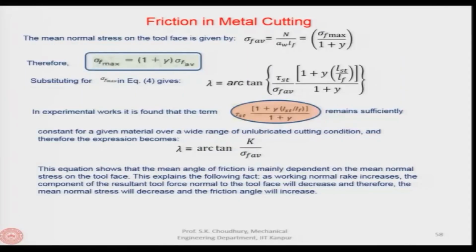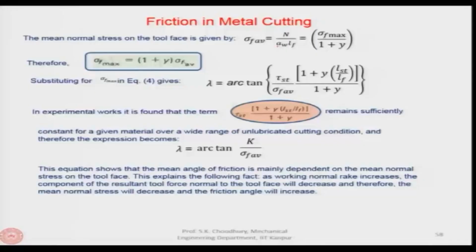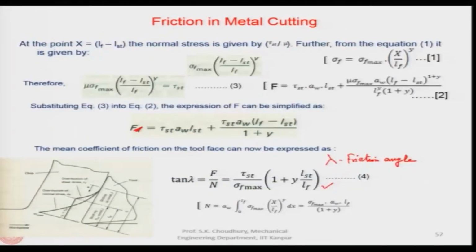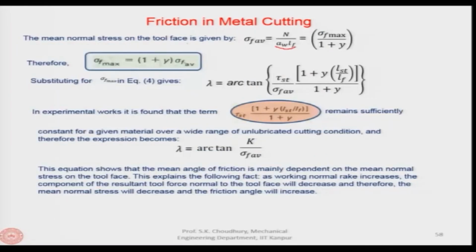Okay. Now, the mean normal stress on the tool face is given by this normal force if you are distributing along the chip tool contact length and multiplying by the AW, so that we can get the area. Okay. So, length into the width. Now, what we are saying is that we have the normal stress here, and we are getting the average value of the normal stress. We will get it by dividing the normal force, and this is distributed along the chip tool contact length.